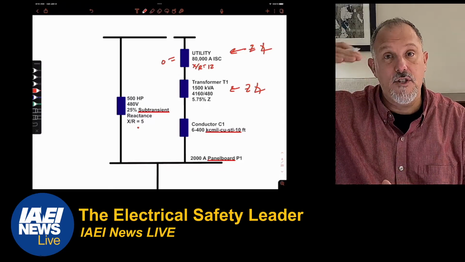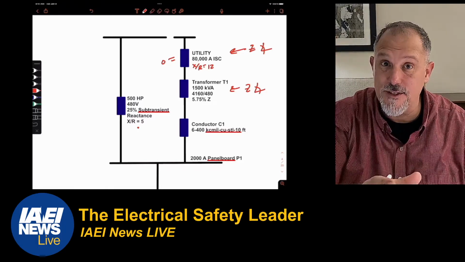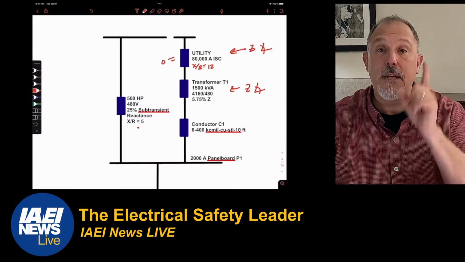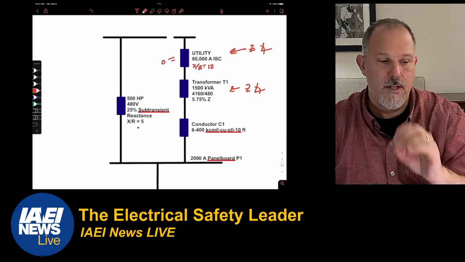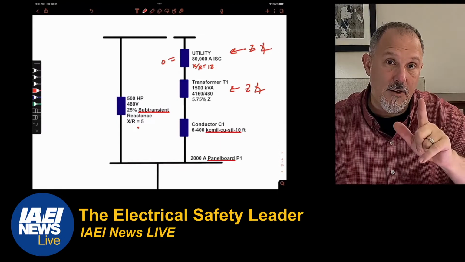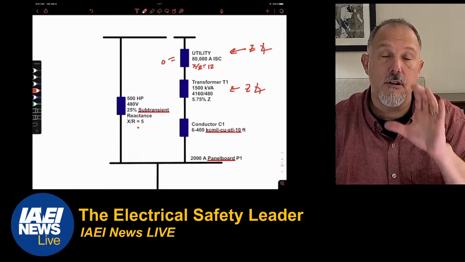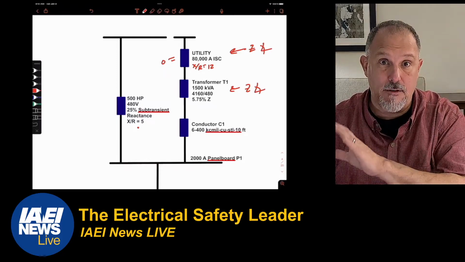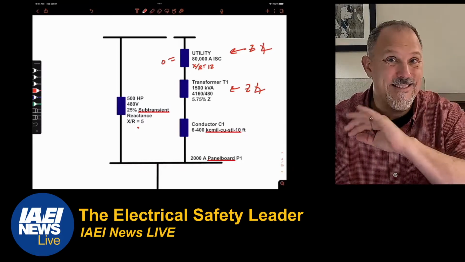So when the utility's available fault current approaches infinity in the infinite bus, my impedance of the utility goes to 0, and it just eliminates it from the picture. That should tell you that that's going to give me the most fault current at any point in the power distribution system because my utility impedance is zip, 0.